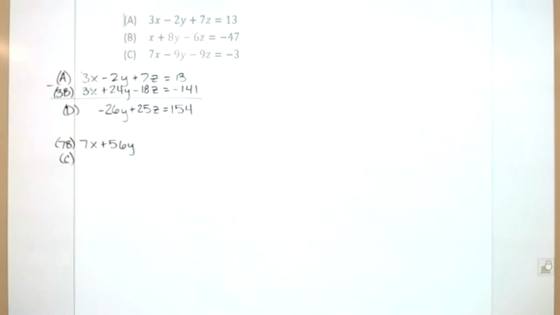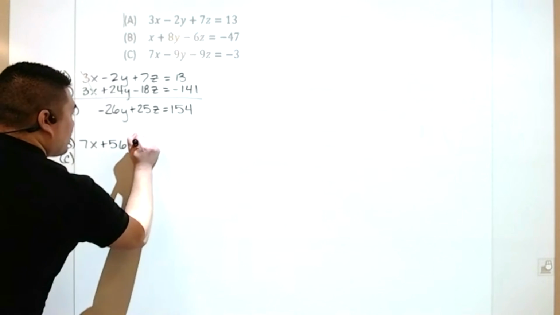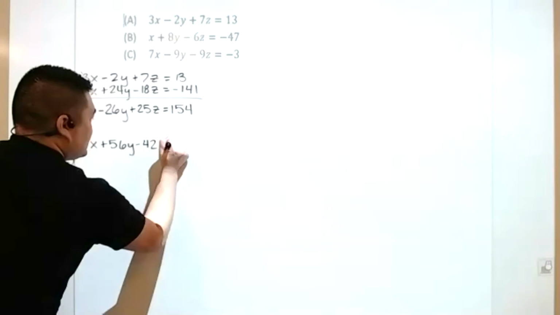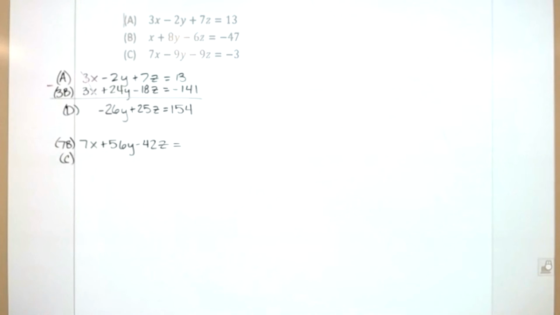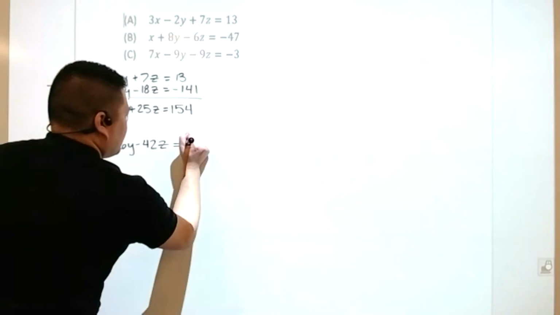Okay, minus 6 times 7, that's going to be 42. So minus 42z. And negative 47 times 7 is going to be negative 329.